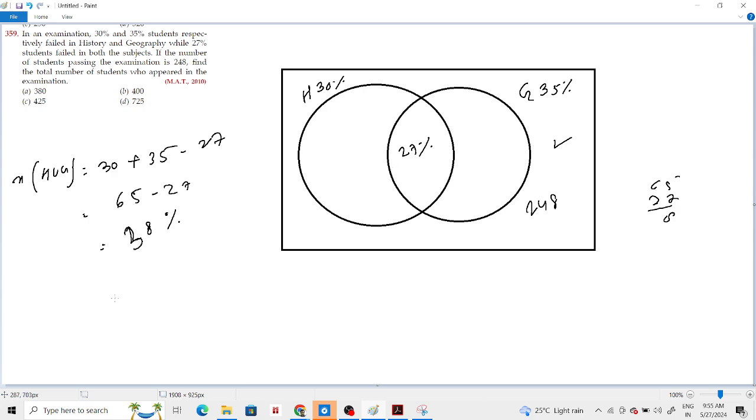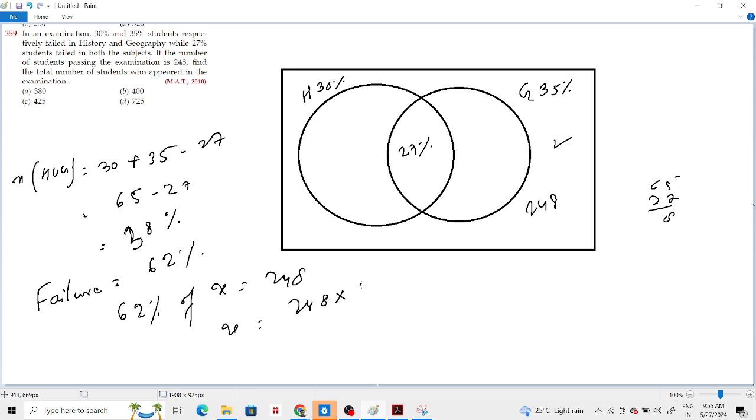So this is the union. So failure percentage is how much? Failure percentage is 38%, so the pass percentage is 62%. Now 62% of the total number of students is 248, so x equals 248 into 100 divided by 62, that is going to be 400.